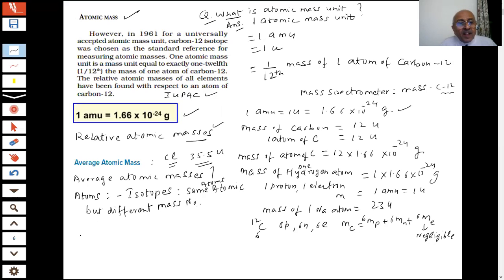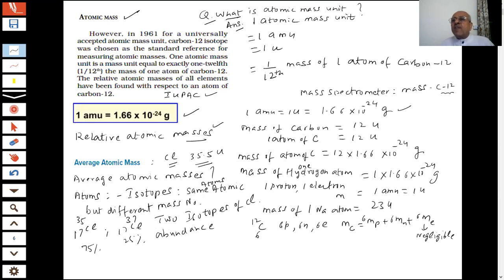For example, chlorine has two isotopes, which we write like this. These are the two isotopes of chlorine. In nature, if we see chlorine, there will be two isotopes, students. And one of these is 75% in abundance and the other is 25% abundance.